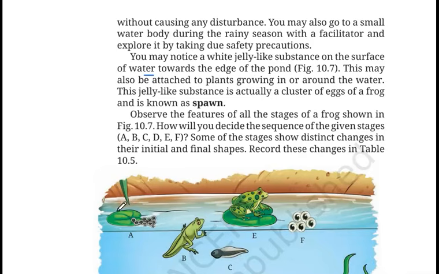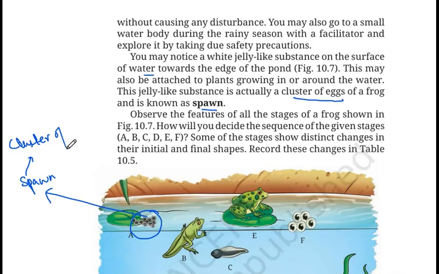This jelly-like substance is actually a cluster of eggs of a frog, and it is called spawn. So what is spawn? They are nothing but a cluster of eggs of a frog.